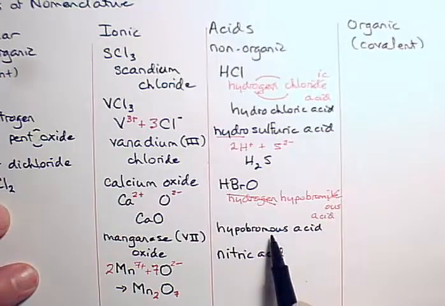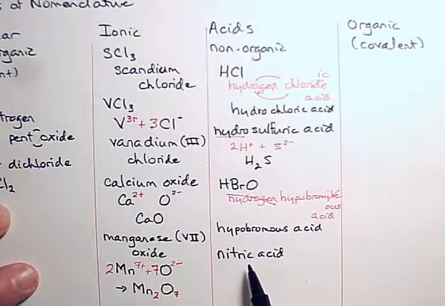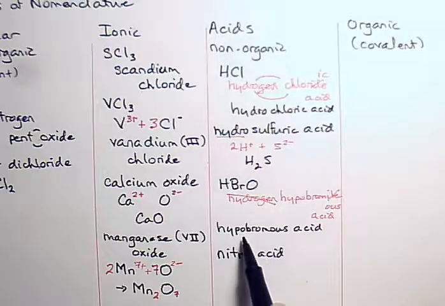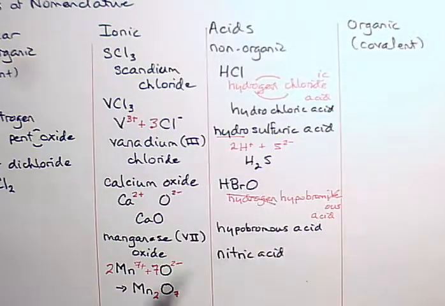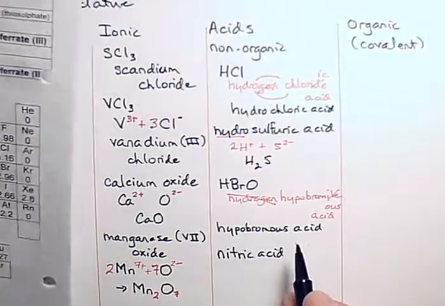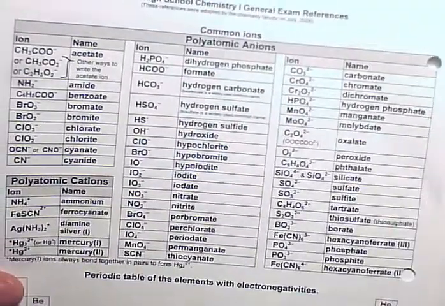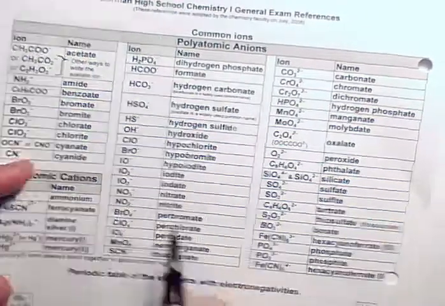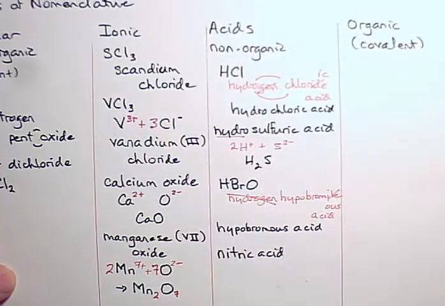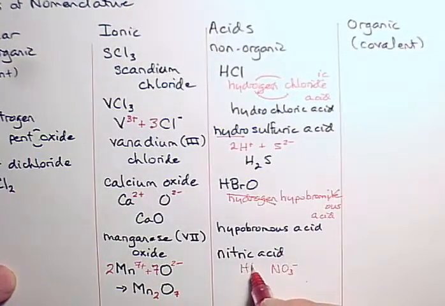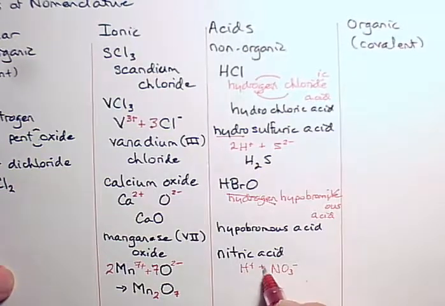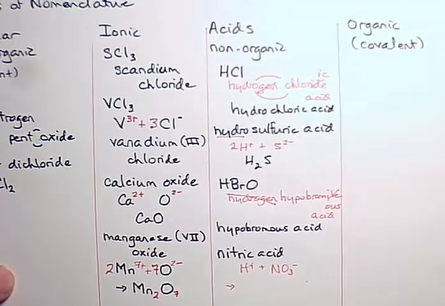Ite endings become ous, and ate endings become ic endings. So we're going to look for a nitrate ion, NO3 negative. I'm looking for enough hydrogens to balance that out. I only need 1. So the formula for nitric acid is HNO3.